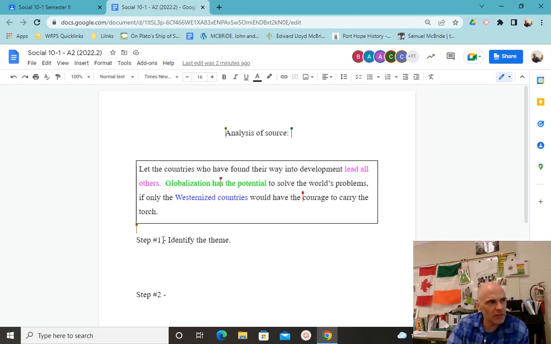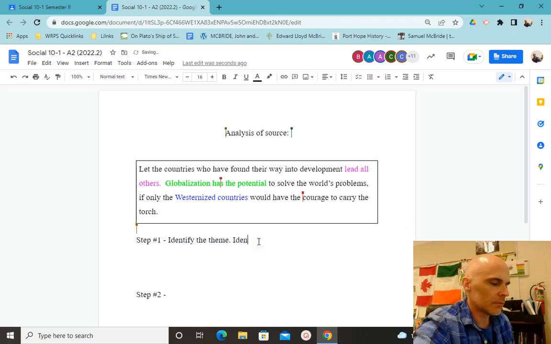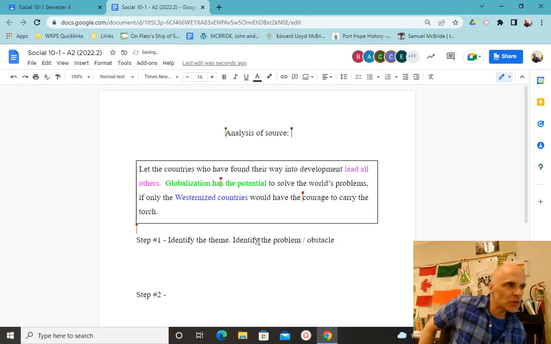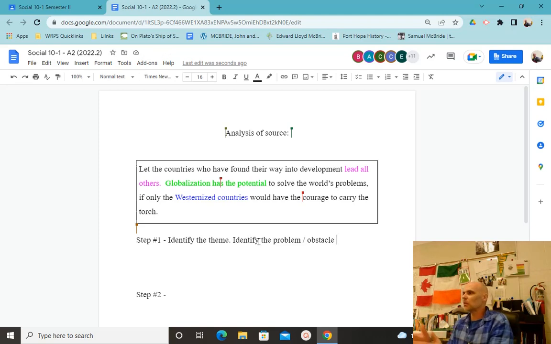So the first thing we've done is identify the theme, but we've also identified the problem. And a potential obstacle. The obstacle being the Western countries lack the courage to provide leadership.